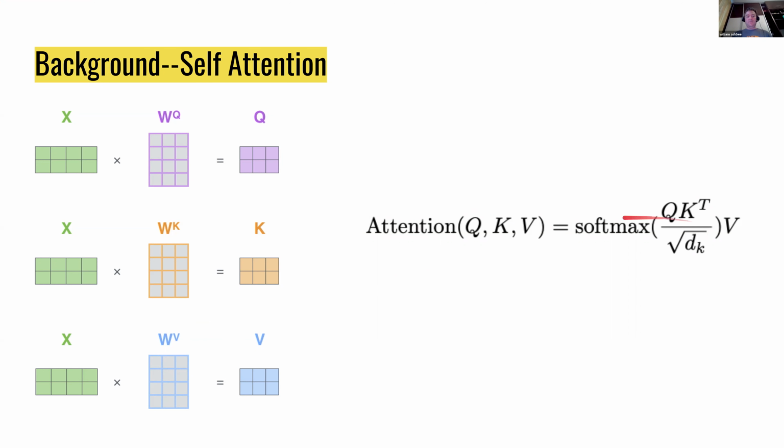So you would have just had some sort of linear projection of X, but here you're basically having a linear projection of a linear projection.